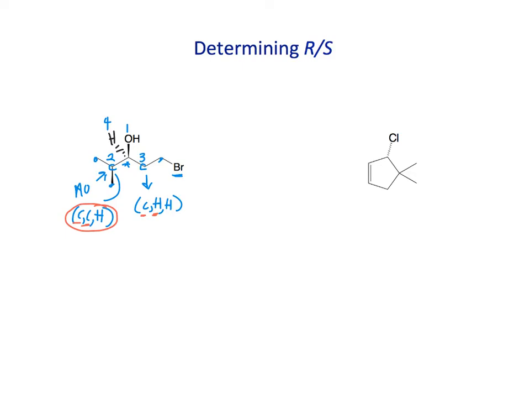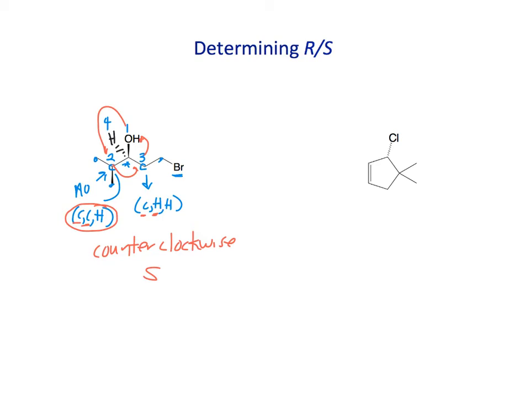This is number 3, even though it has a bromine, but we never made it out to the bromine. Draw our arrows. Number 4 is back, 1 to 2, 2 to 3, 3 back to 1, counterclockwise. What does that mean it is? It is S.